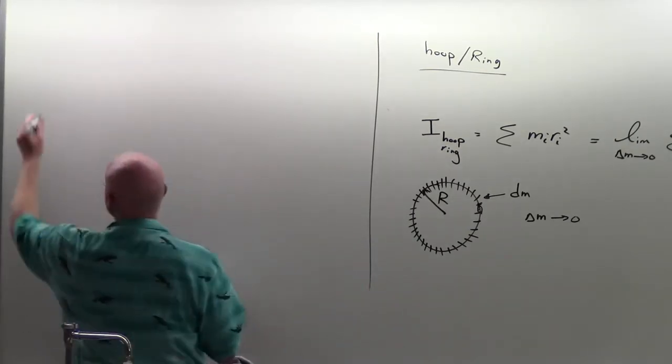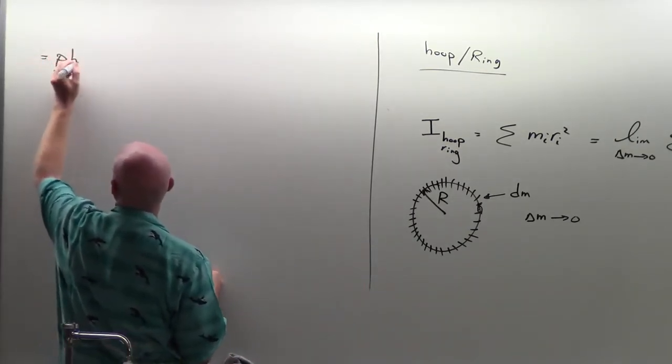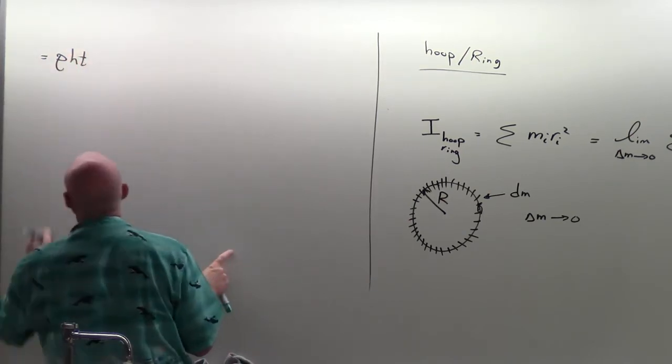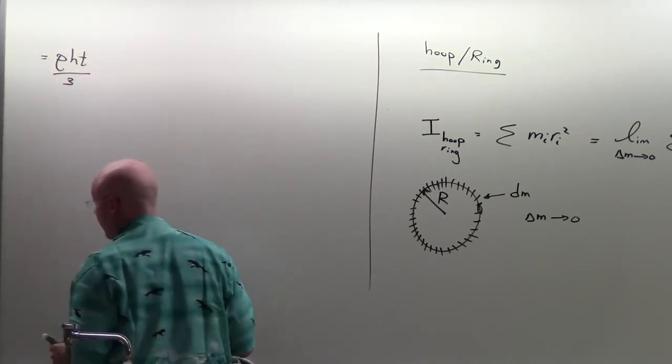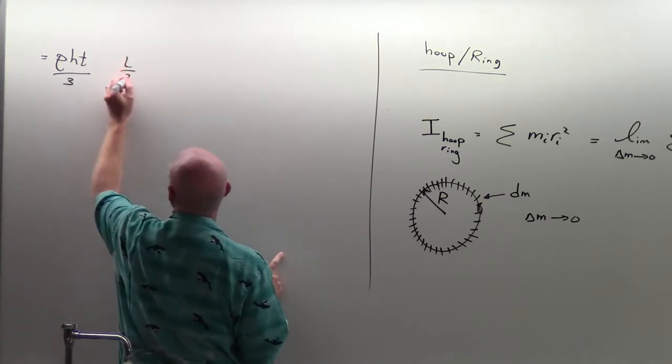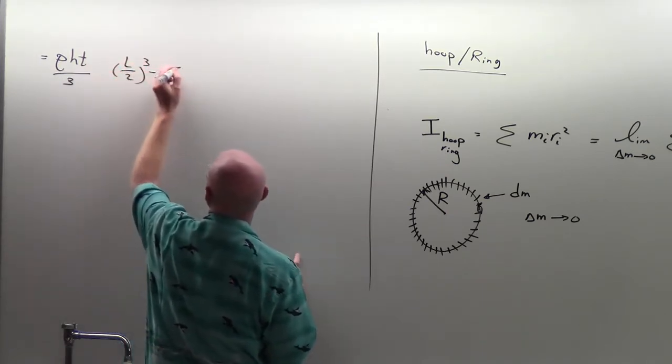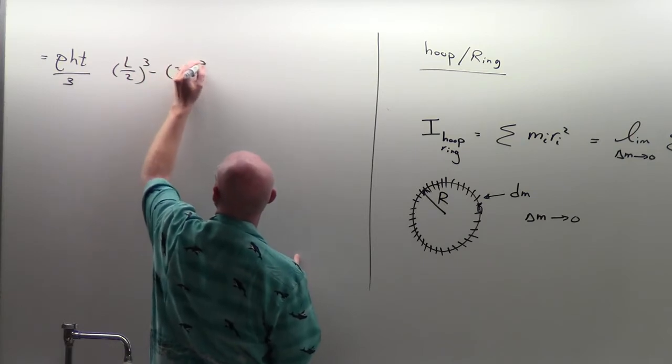And now as I put those in, I get density times the height times the thickness. Let me just put the 3 over here. So this would then be L over 2 cubed minus a negative L over 2 cubed.